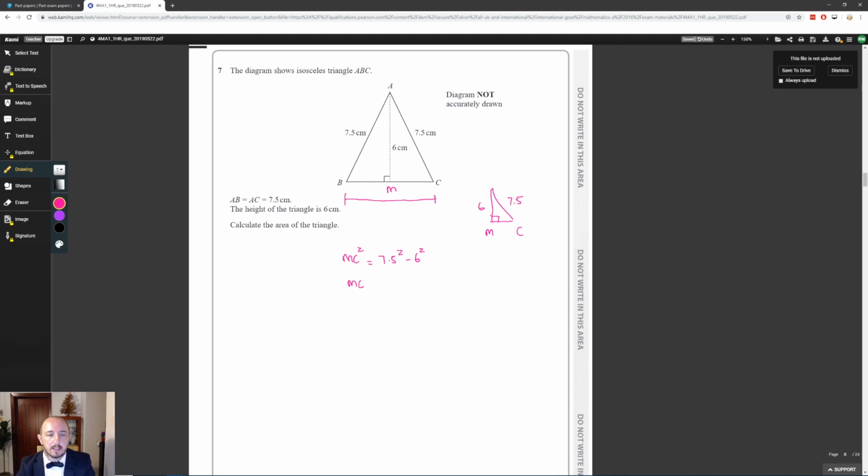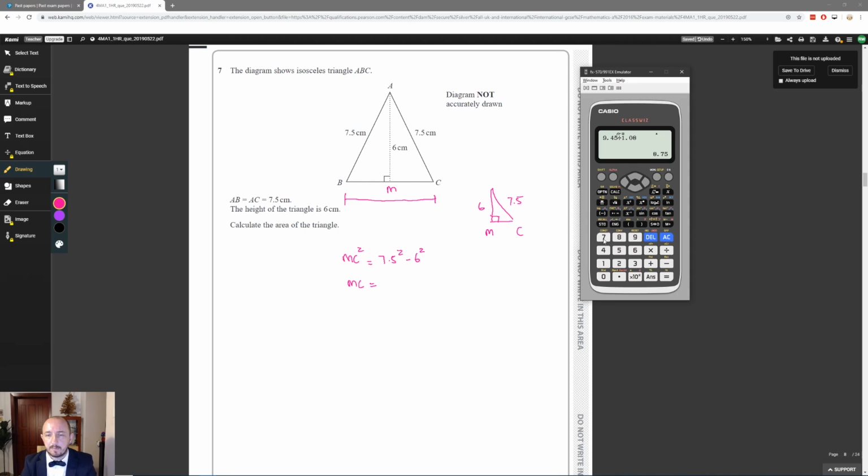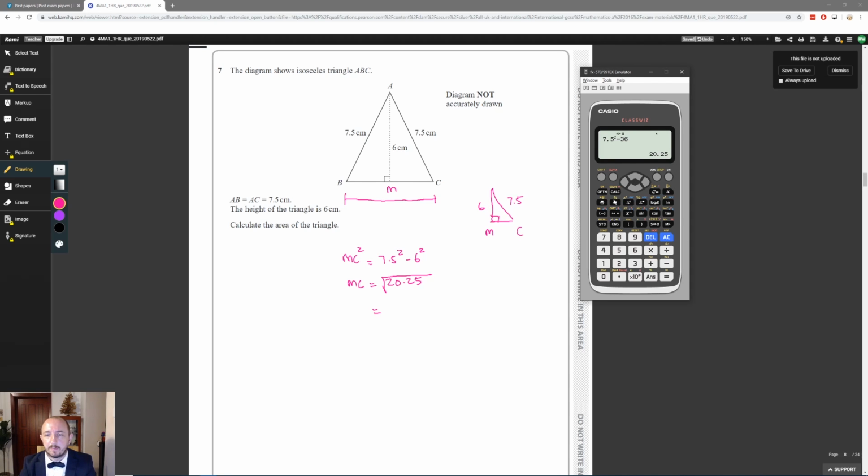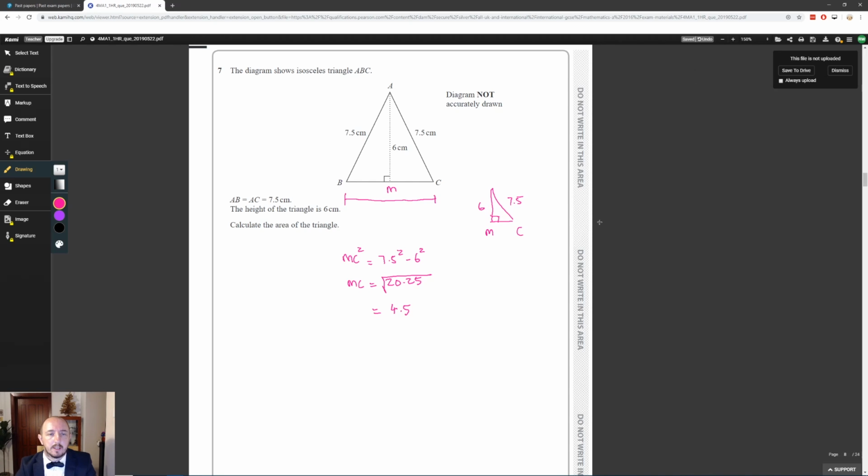So MC is going to be the square root of that. 20.25. And we're going to square root that value. 4.5. So MC is 4.5. We've only actually got half the distance across there.